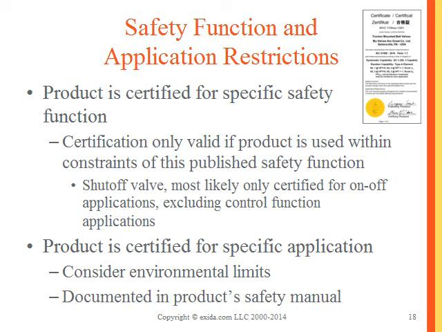So when we evaluate a product where, for the individual components, we conclude that there is adequate data to claim Route 2H, and you need to be able to do that for each and every single one of those components, then we will conclude that that product is capable of achieving Route 2H compliance. At that point, we do not leave it up to the end user to gather that field failure information simply because we already have it.